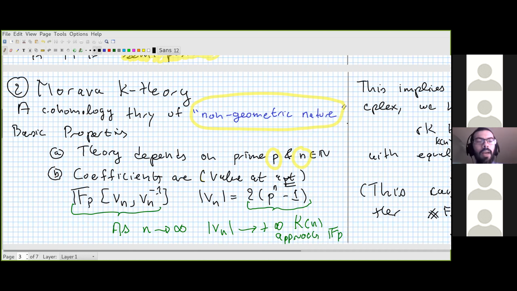Now, the essential feature that will allow us to extract the theorem about Fp from this fancy Morava nonsense is that this degree, 2 times (p^n minus 1), goes to infinity as n goes to infinity.